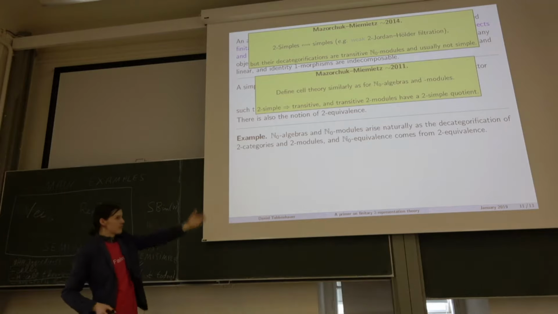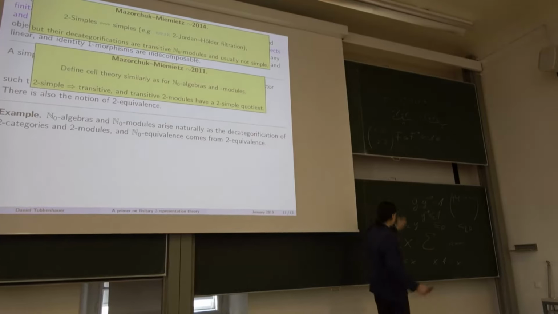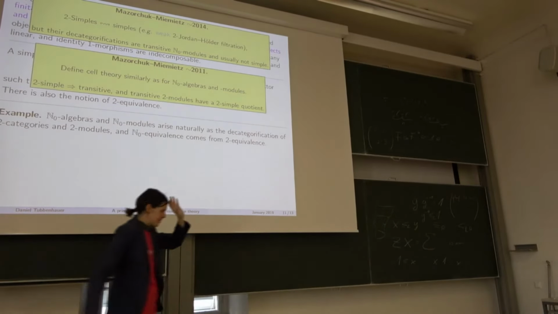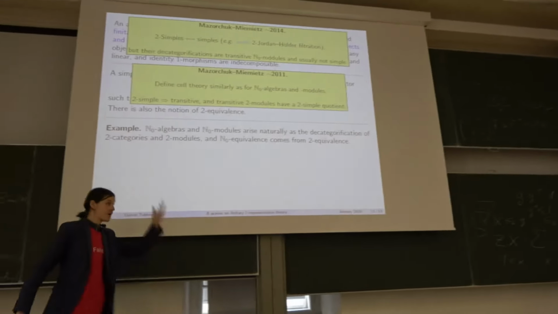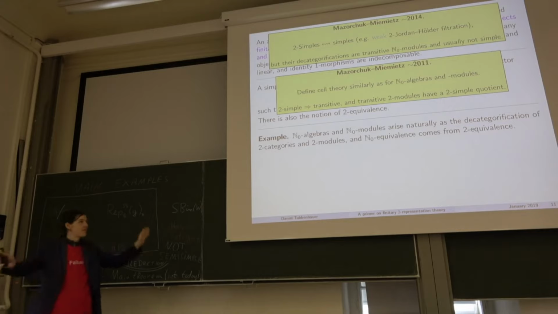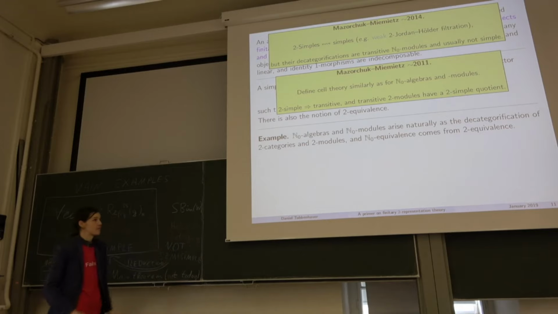And I mean, this whole theory, just imagine this whole cell theory, which you just built, instead of choosing your fixed basis, just do it for the indecomposable, in this case, one morphisms of your category. Just play the same game, you can define cells, you can define cell modules, you can define transitive, you can define everything. Exactly the same language.